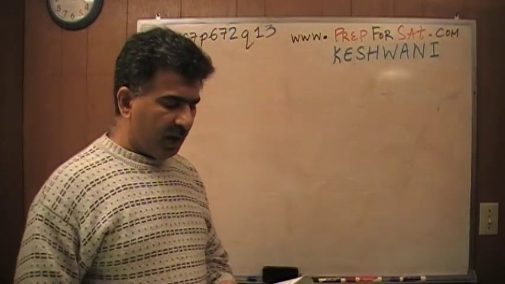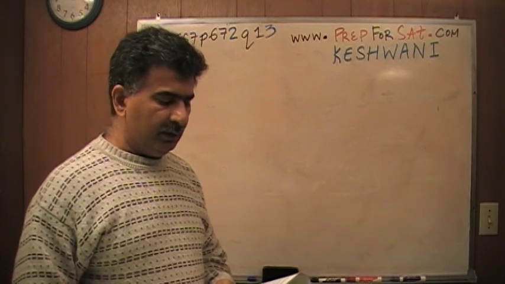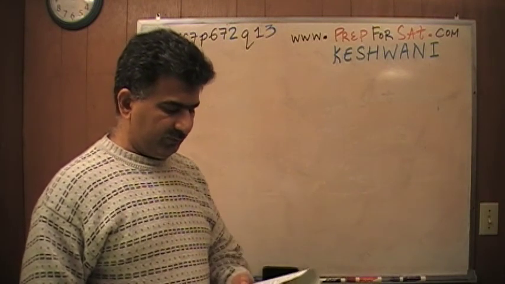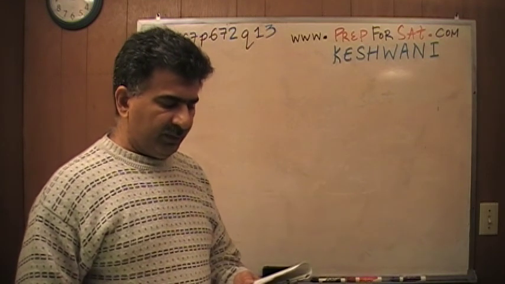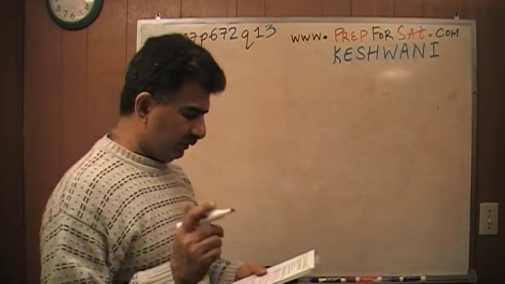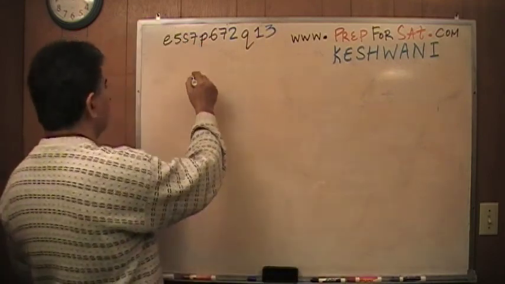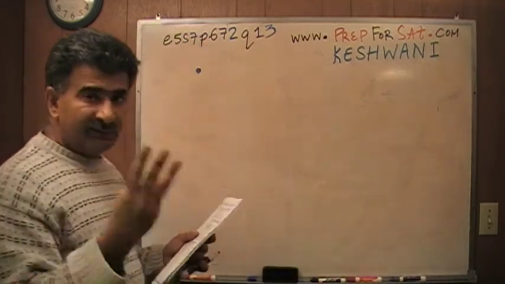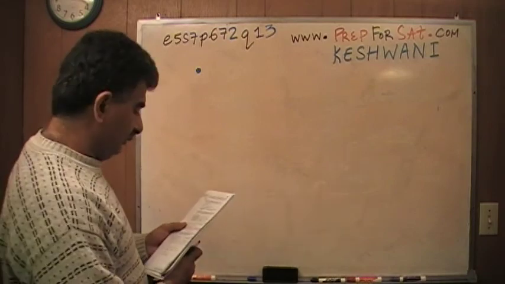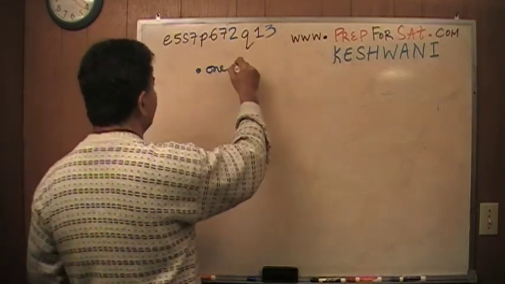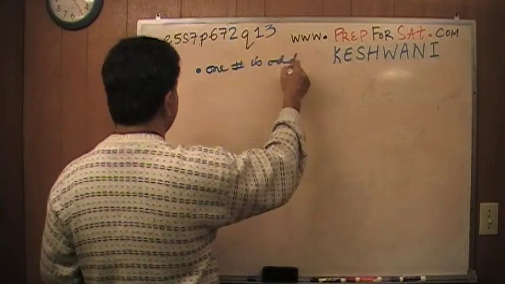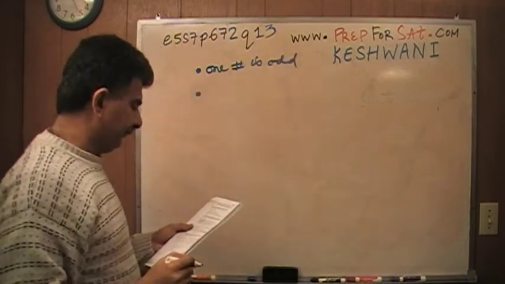It says Kyle's log combination consists of 3 two-digit numbers. As you can see there in the answer choices, they consist of 3 two-digit numbers. The combination satisfies 3 conditions. The first condition is that one of the numbers has to be odd.